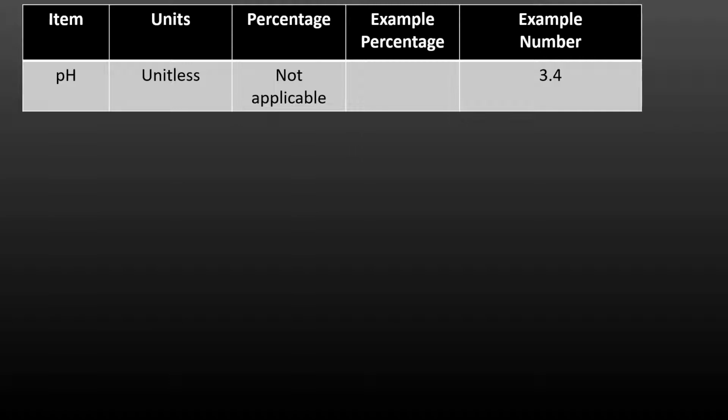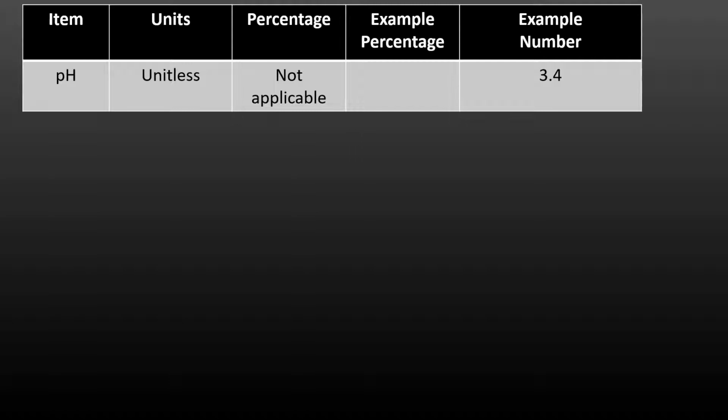It's unitless. We don't have to worry about grams per liter. pH is a measure of the acidic protons that have been released into a wine. We'll talk about that more when we talk about acid. An example is 3.4, and the range in wine tends to be about 3 to 4.